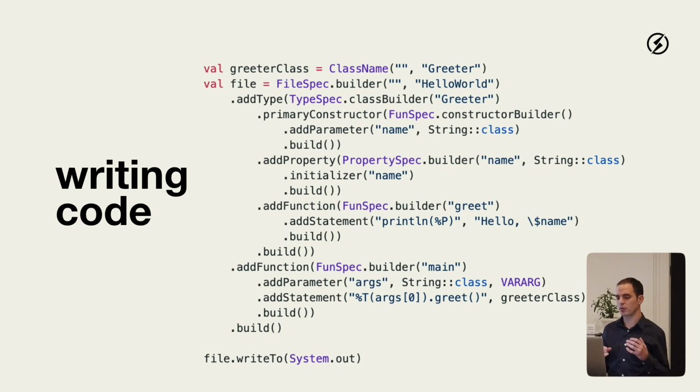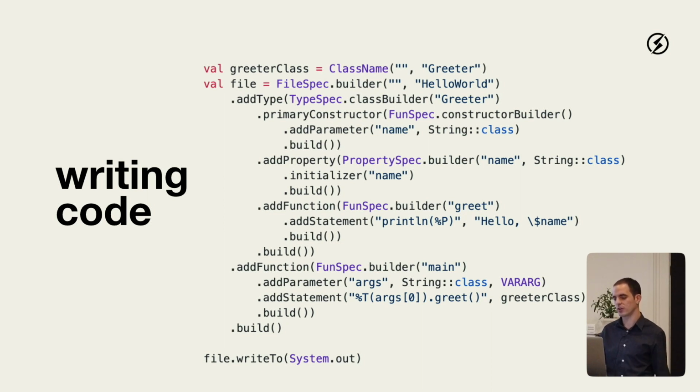You can create so-called specs, and these specs can contain all the information about the elements of your generated code. You create a class, a file, and then you add functions and instructions inside functions. Finally, there is a model in an object, and then you write this model out, and then you have generated Kotlin code. And don't worry about imports. Those will be generated automatically. You don't have to add those.